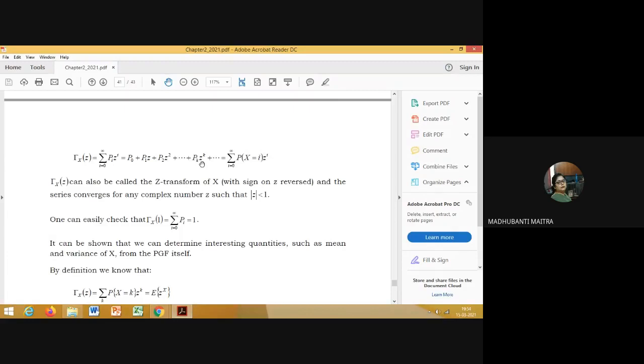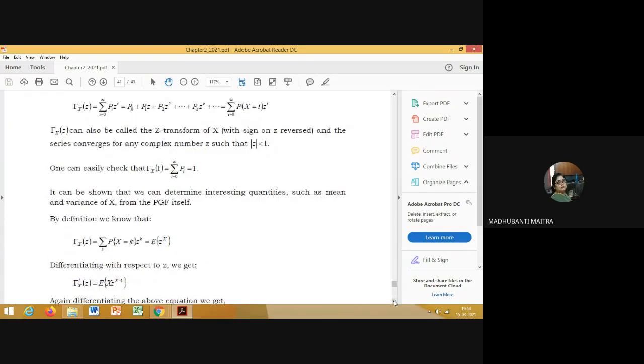So tau x at 1 will have a value equal to 1, the sum of all these probabilities p0, p1, p2, etc. Can we determine the variance from it? No, not now. We have only computed the value of this function when z is equal to 1.